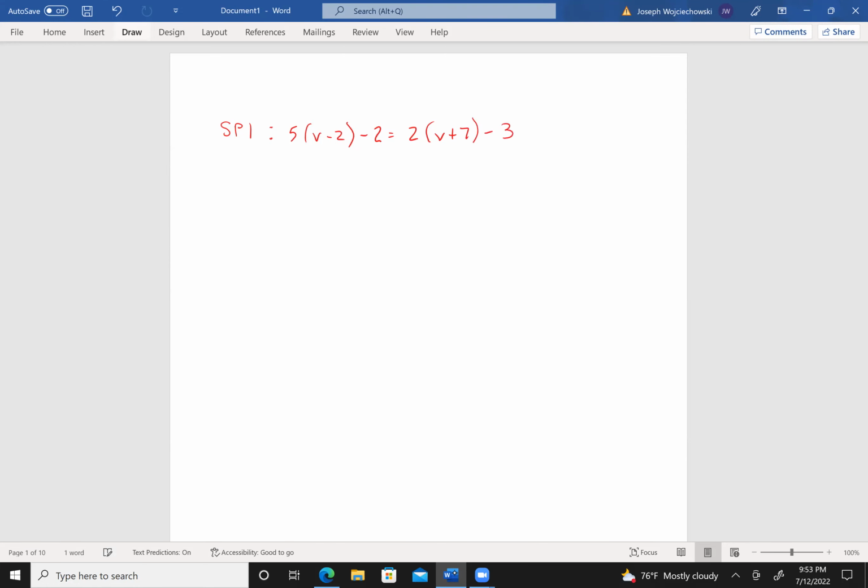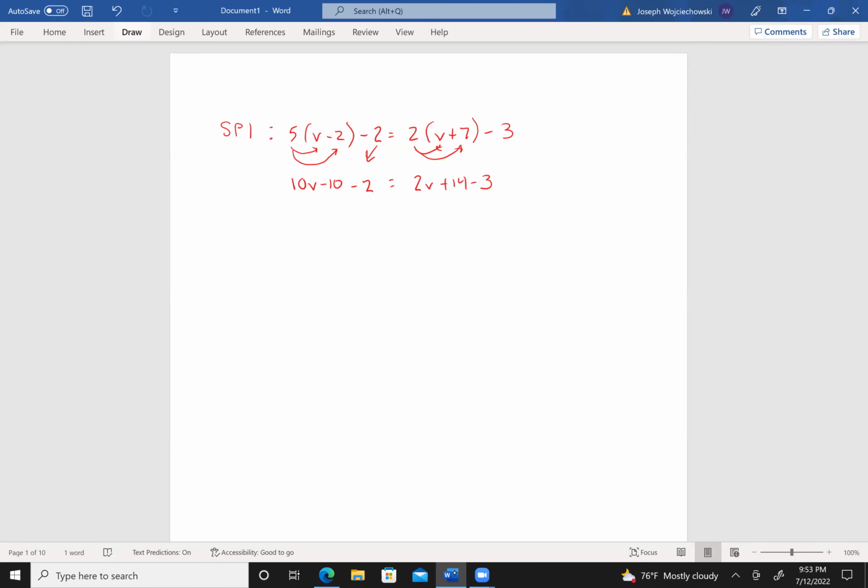So the first thing we need to do is distribute. We'll distribute the 5 times v and 5 times negative 2. So I have 5v minus 10. Don't forget to bring down this minus 2 here. Equals, and again, distribute the 2, and we have 2v plus 14 minus 3.